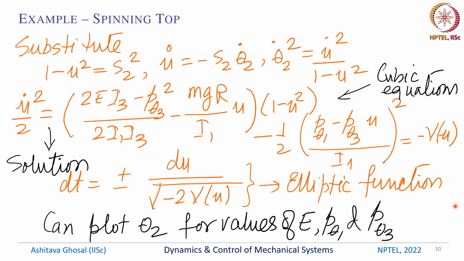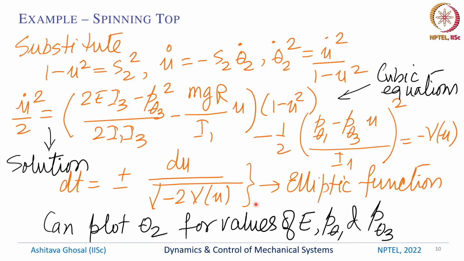Importantly, we can plot theta 2 for values of e, p theta 1 and p theta 3. Although I said initially that this is a solution of the nonlinear ODEs, it is not really a solution, because there are no analytical ways of finding these elliptic functions.